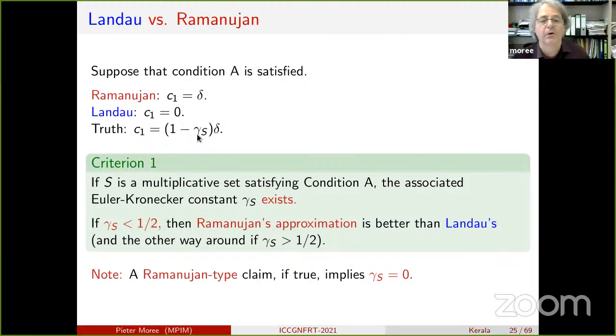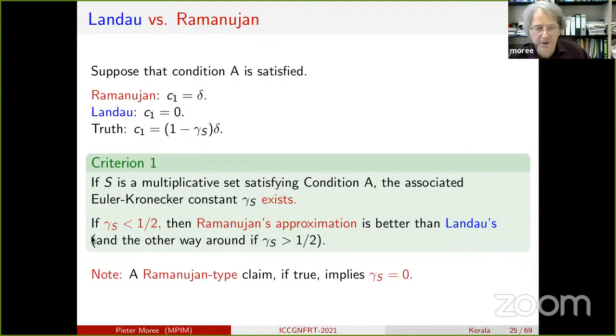So, for example, if gamma S is 0, then this is delta, and that's what Ramanujan would predict. So actually for gamma S smaller than a half, this is closer to delta, closer to 0.